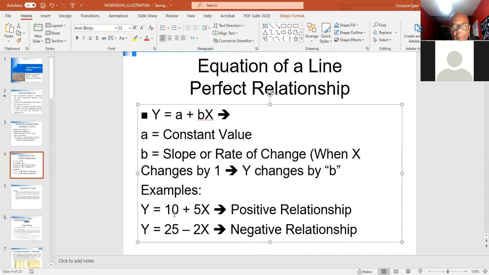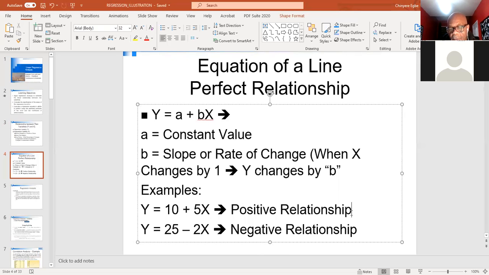An example will be y is equal to 10 plus 5x. So when x is 0, y is 10, because 5 times 0 is 0. And so y will be 10 when x is 0. Then when x changes by 1, y will change by 5.